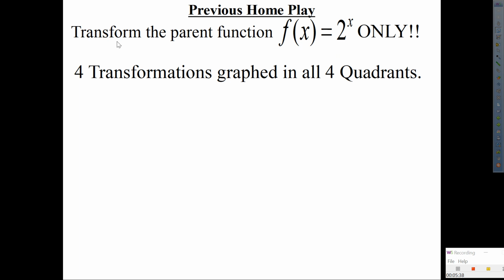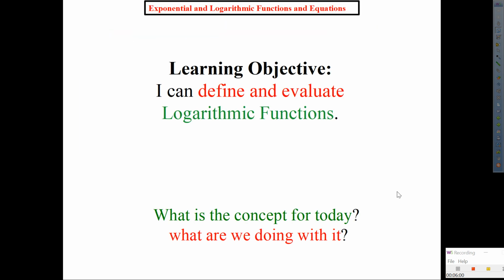So the home plate for tonight, once again, 755, 756, numbers 5 to 15, and as I mentioned, you can find those on Canvas. I'll give you some time to turn that home plate in. Get a Cornell note ready, once again, with a Frayer model. There's the objective, and we'll get started in a little bit.